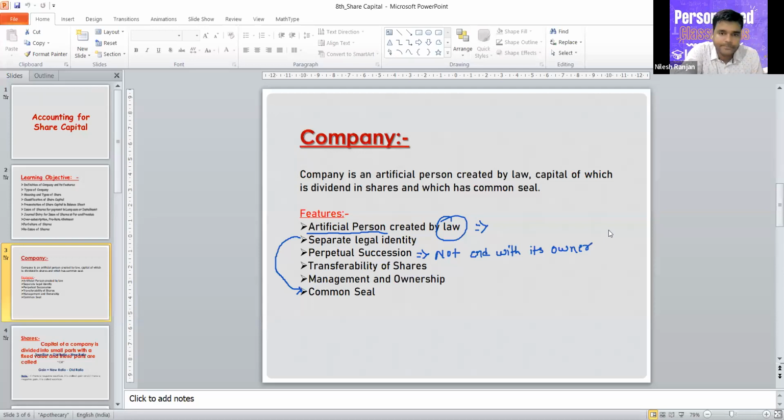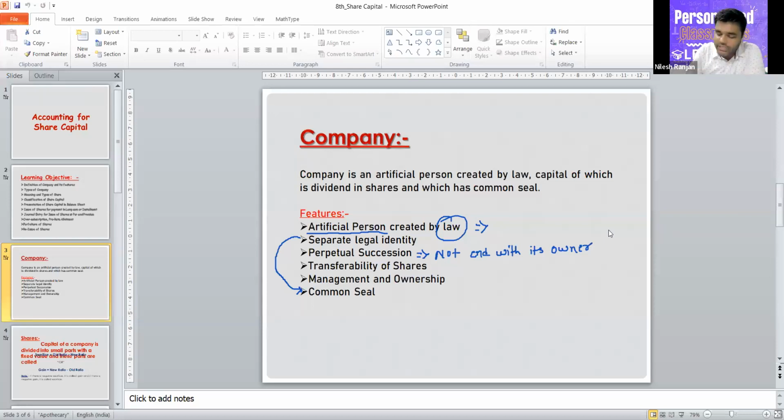If any one of them is dead, there is no impact on the company. His share will be transferred to someone else, and all other persons will keep running the business.